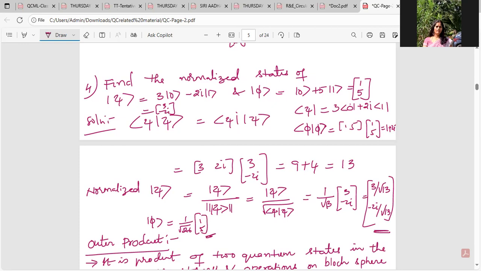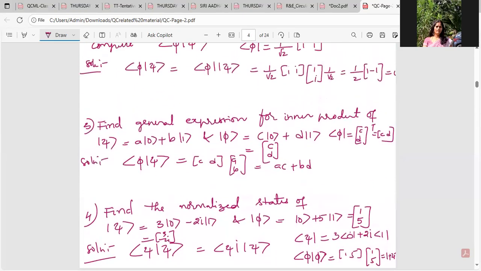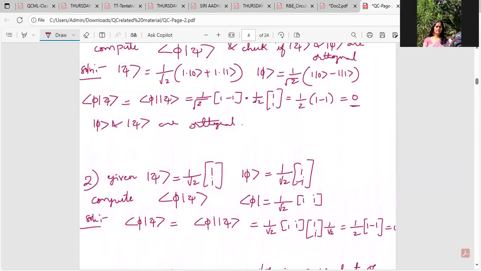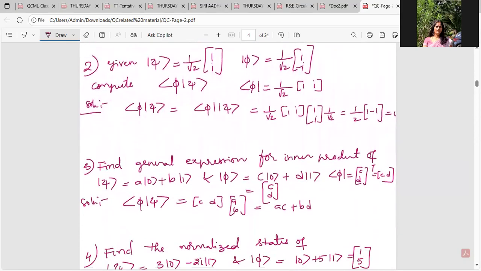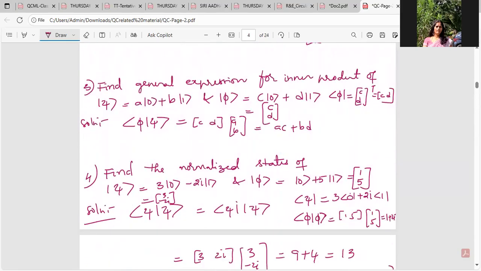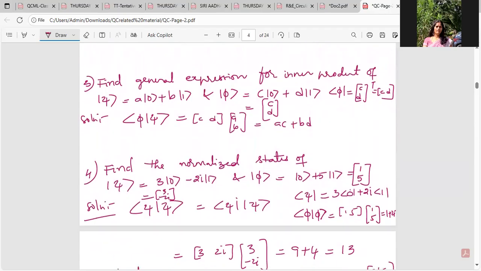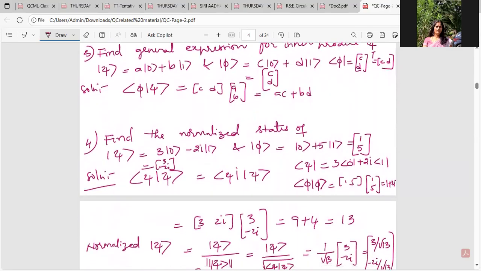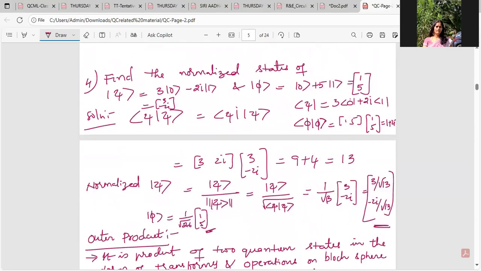I think with these small little problems, the concept of inner product is clear to all of you. Okay. And how do I normalize a vector? That is also clear. Norm is nothing but the root of the inner product. Now, immediately after inner product, the next thing that we should talk about is the outer product. Obviously, how inner product looks, its opposite will be outer product.